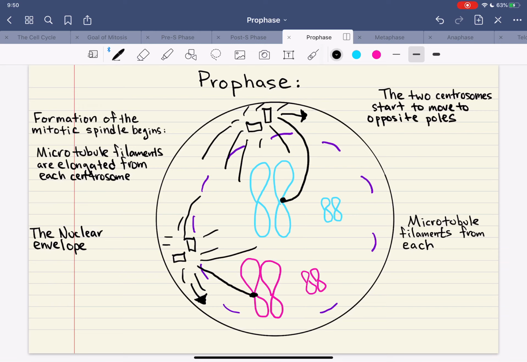Then I also want to say that the microtubule filaments from each centrosome start to attach to the kinetochores of each duplicated chromosome. And then lastly, as we said before, the nuclear envelope is broken down.